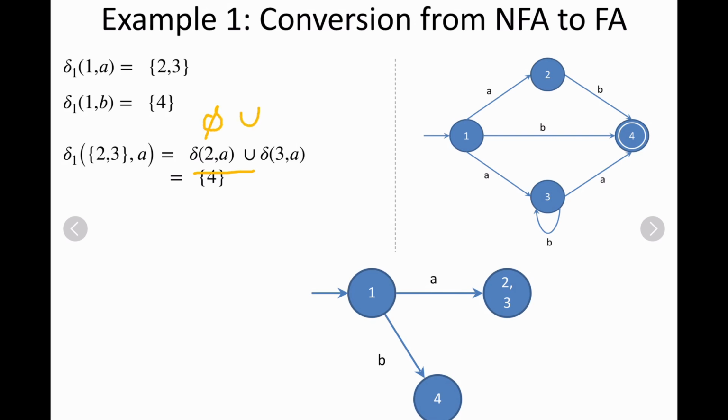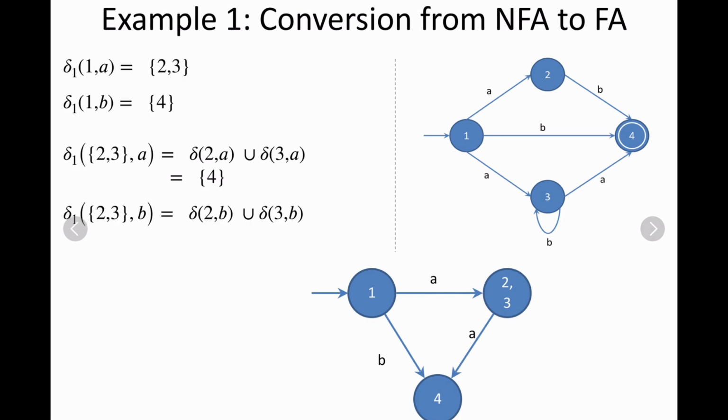Union delta of 3, A is 4. Phi union 4 gives the answer 4. So {2, 3} goes to 4 on A.